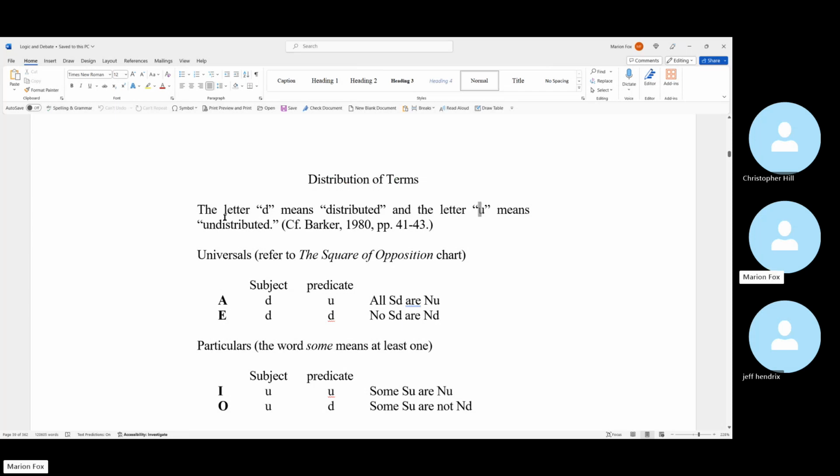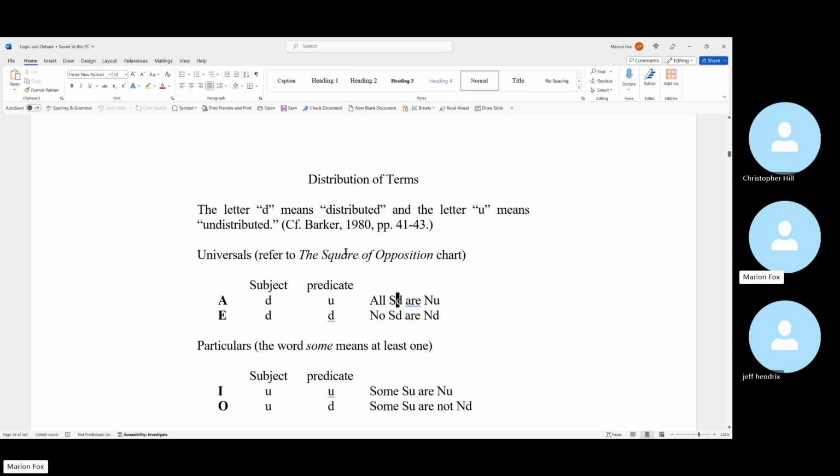We have two universal propositions, A and E proposition. In an A-type proposition, the subject is distributed, but the predicate is not. And so we say all S(D) are P(U). And I put S and N, and that's what I've been doing here, S and N, sufficient and necessary.